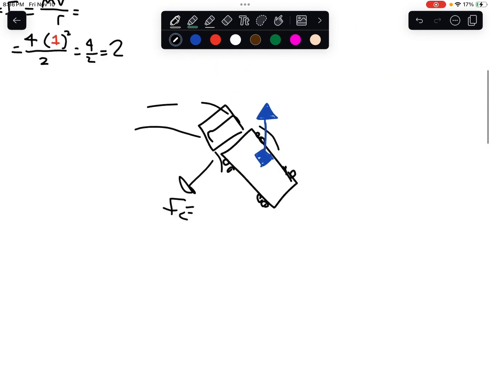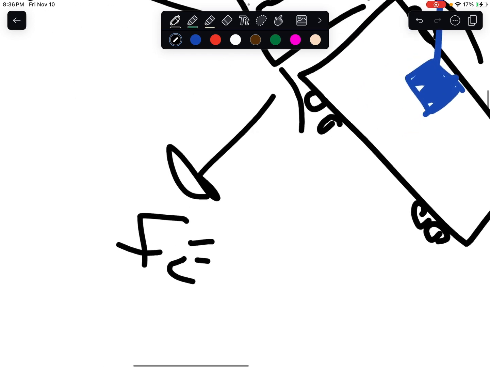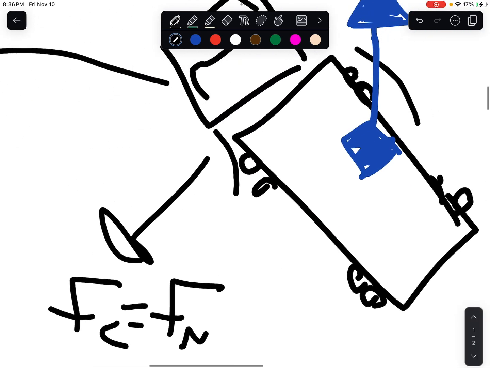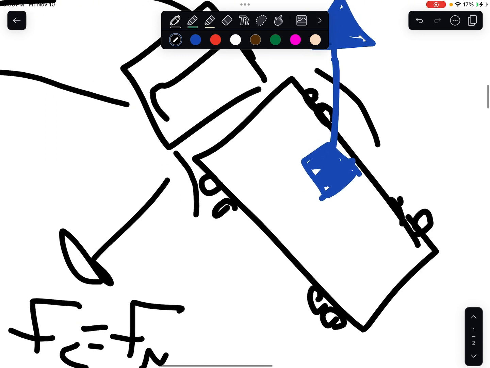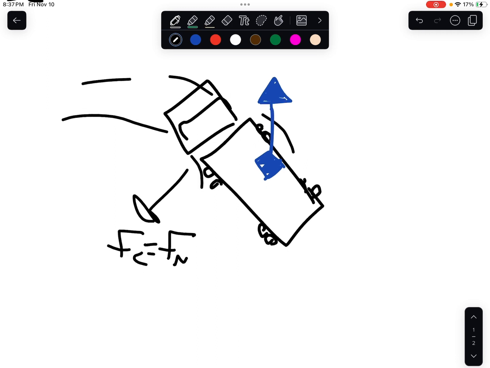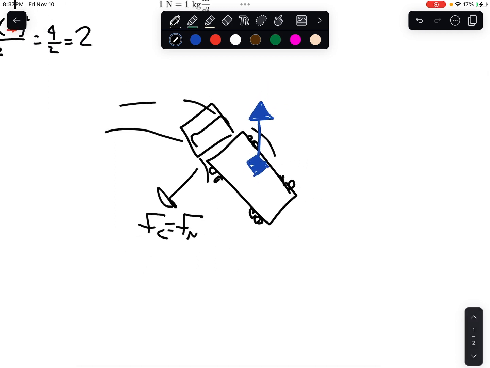It's just like the ant, or like the car from earlier. The friction of the wheels on the road is what keeps the truck turning in a circle. That's why people can spin out when the roads freeze over with ice. But anyway, without that friction, the truck wouldn't be able to turn in a circle.